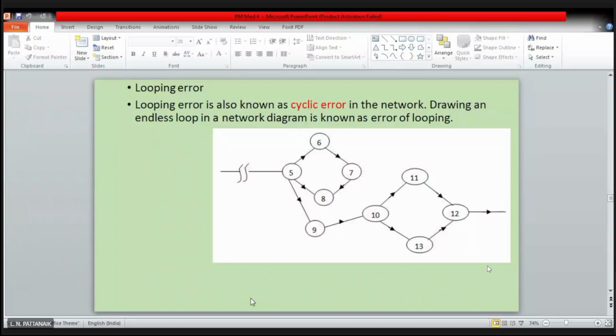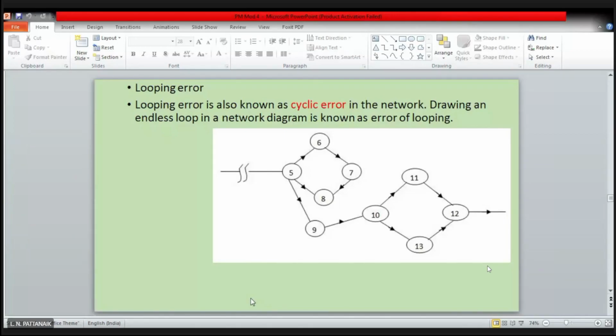Look at those nodes. What you are finding here is that the activities are forming a loop, a cycle, isn't it? 5 to 6 activity, 6 to 7, 7 to 8, then from 5 to 8, right? So it looks like they are forming a loop and it's not going anywhere.